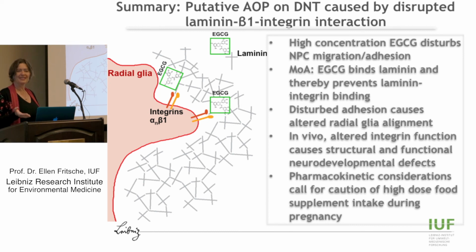Every student and every postdoc wants papers, so you can write your primary paper, but then put it into the AOP frame, put it into a context, not to the OECD level. This is not doable, I would say, but try to make a hypothetical or putative AOP out of your primary lab work and find out where the gaps are. I think an academic lab can do this if you put effort into it.